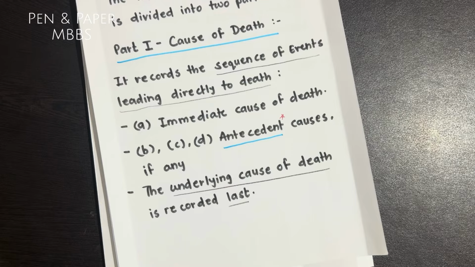In simple words, antecedent cause means the earlier cause in the chain of events. For example, if a patient had chronic kidney disease which led to sepsis and then the death occurred, sepsis is the immediate cause. Chronic kidney disease is the antecedent cause. So whenever you see the word antecedent in exams, just remember something that came before.